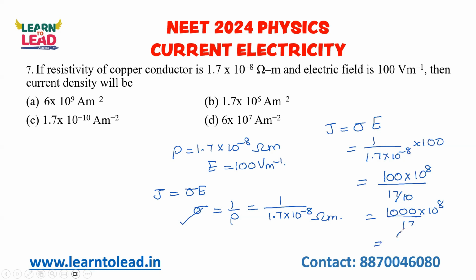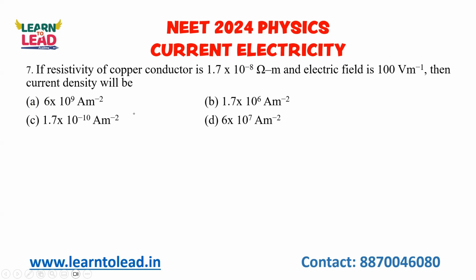If you solve this, you'll get 6 into 10 to the power 9 ampere per meter square. So option A is your answer. You should know the basic concept: J is equal to sigma into E, and sigma stands for conductivity, which is nothing but the reciprocal of resistivity.